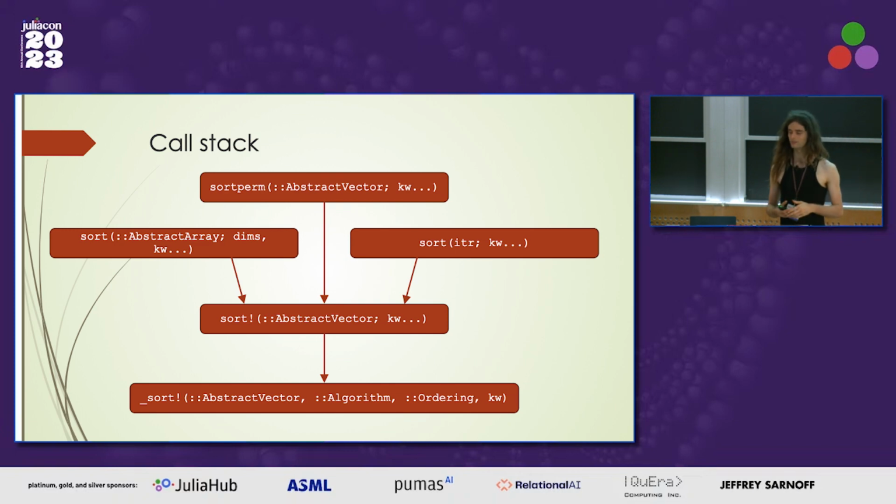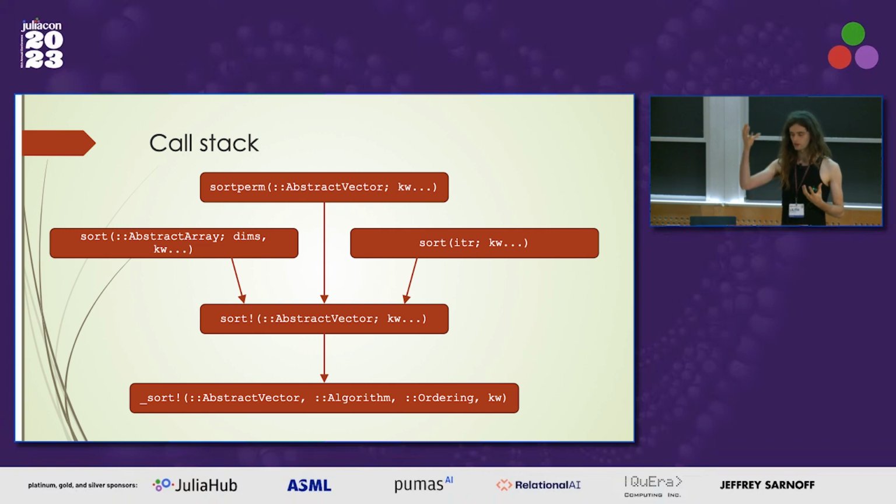If you want the sorting permutation, the permutation that will put something in order, then we sort an array of indices, and we give a custom ordering, where we say an index is less than another index if the values, when you look it up in the data, are less. And for an iterator, we'll collect the iterator and then sort the collected result.